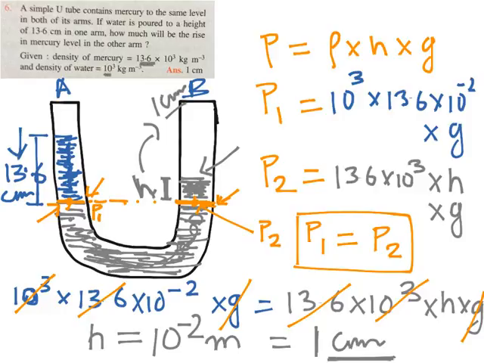Since g remains constant in both equations, the only things pressure depends upon are the density and the height. If the density is 13.6 times, obviously the height will be 13.6 times less. So that's the height of the mercury column, 1 centimeter, since the height of the water column was 13.6.